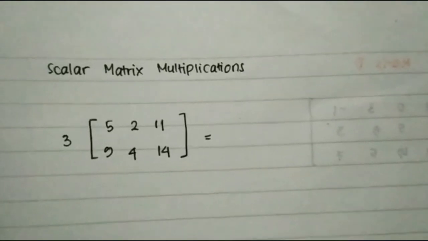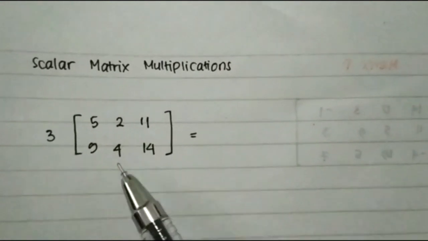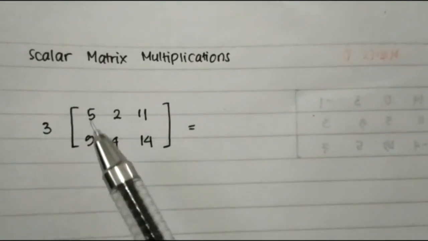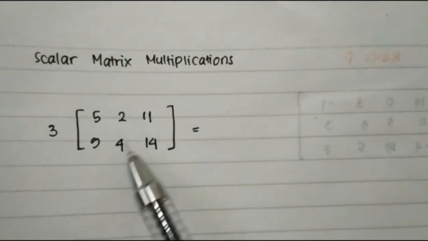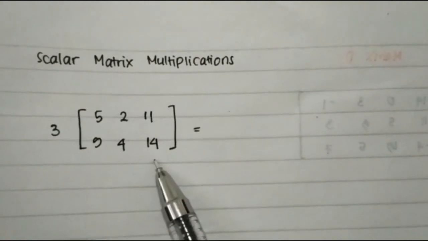In the scalar variety, every entry is multiplied by a number called a scalar. In the following example, the scalar value is 3. In here, I have a scalar 3 and a matrix containing the elements 5, 2, 11, 9, 4, and 14.